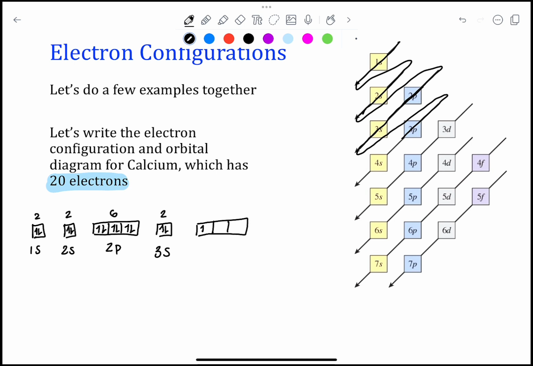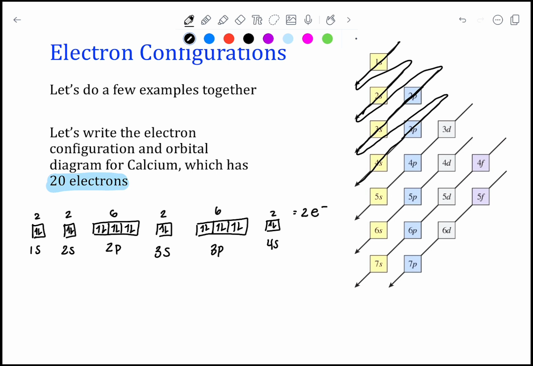And we do 1, 2, 3, 4, 5, 6. Let's take stock: that's 14, 16, 18 electrons. So that's my 3p. I need 2 more electrons, and we come up to our 4s next, which holds 2 electrons. So that's a total of 20 electrons. That's the orbital diagram for calcium.